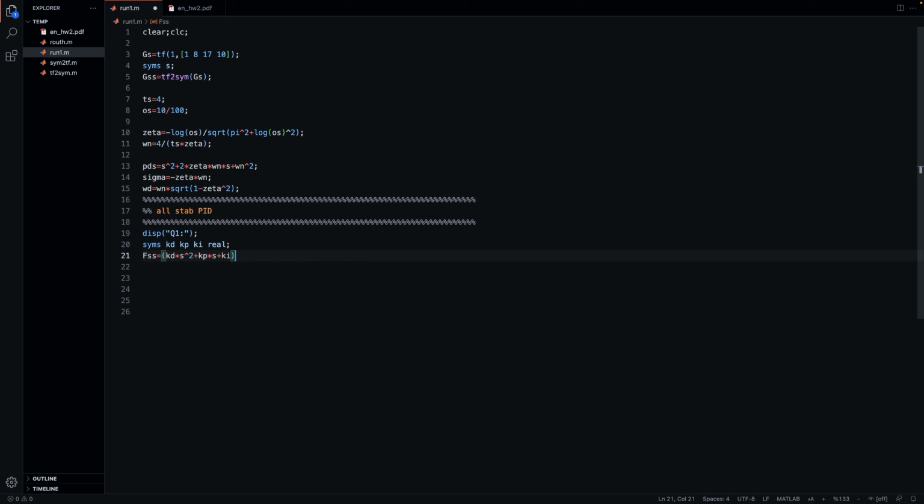divided by S. So therefore, we would also look at the closed loop transfer function, which would be FS times GS divided by 1 plus FS times GS.